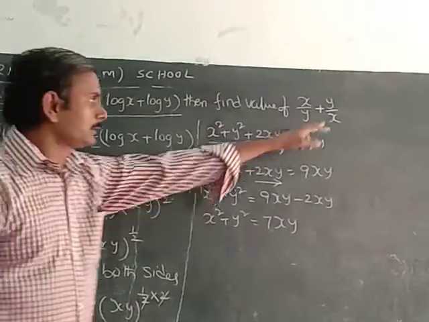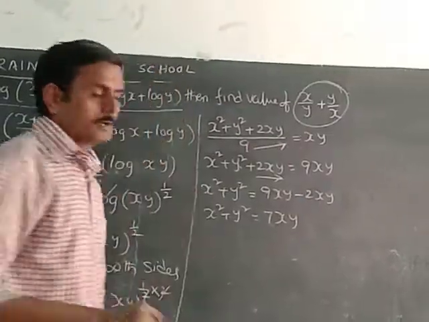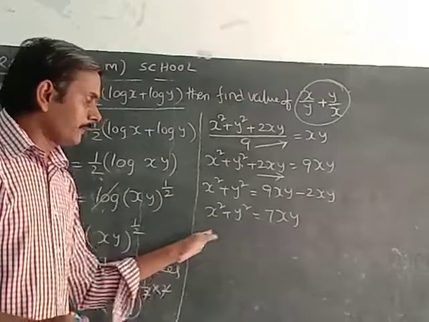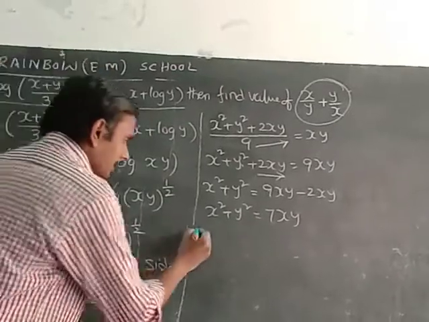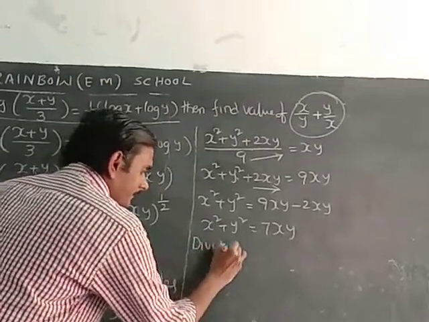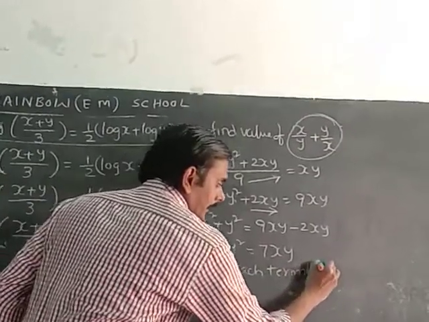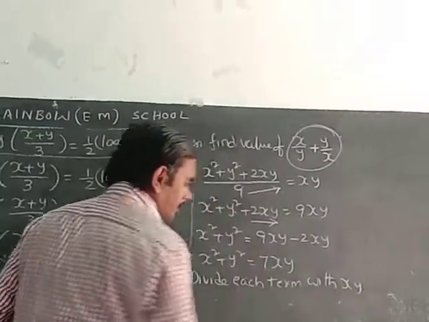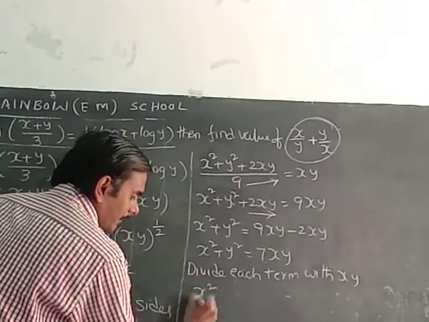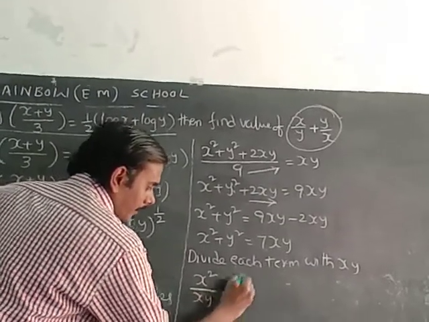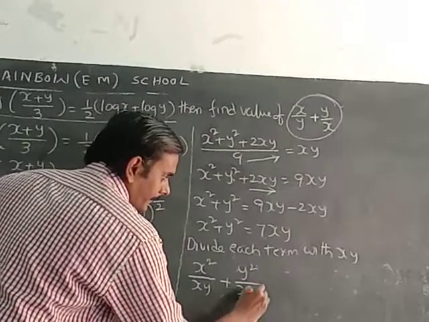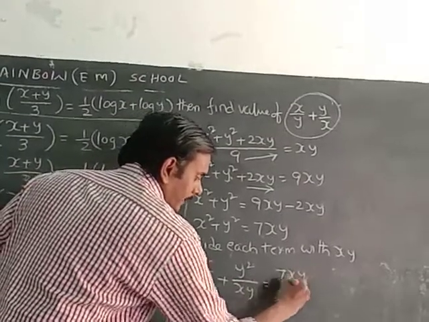I want to get this form, so divide each term with xy. That means x square by xy, y square by xy, 7xy by xy.